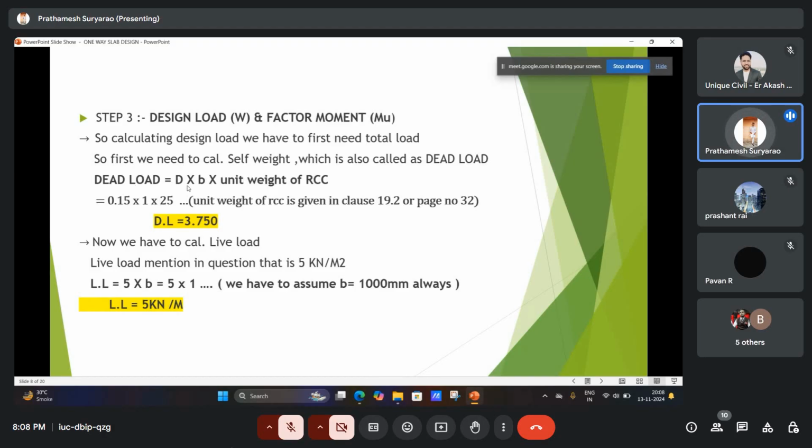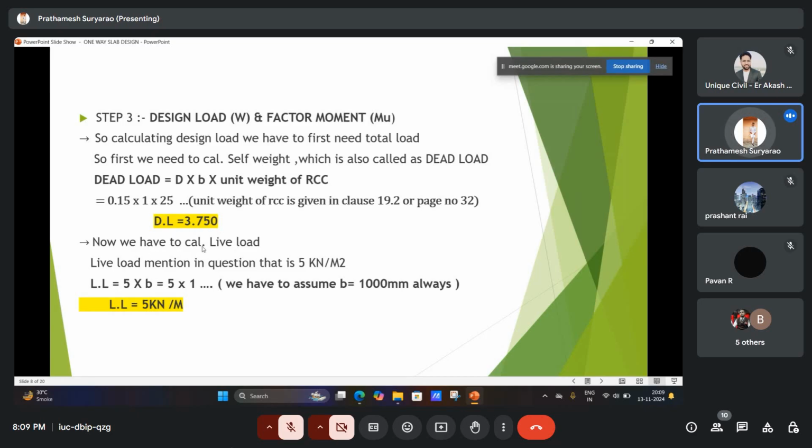Dead load is equal to D into B into the unit weight of RCC. Putting values: 0.15, and we always assume B as 1000 mm, so we consider it as 1, into 25, the unit weight of RCC, which is given in clause 19.2 on page 32. So DL equals 3.750.